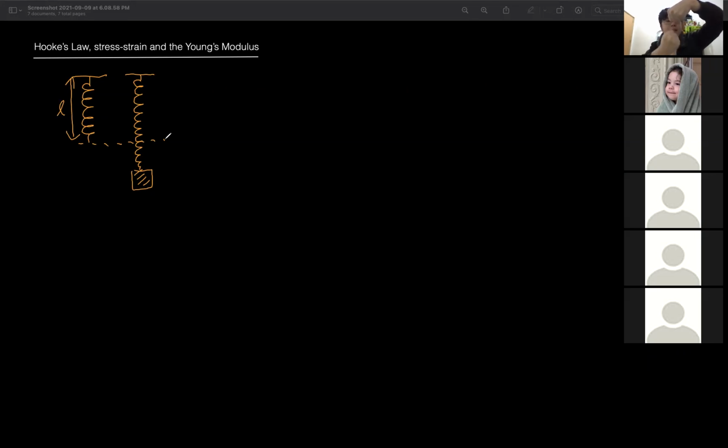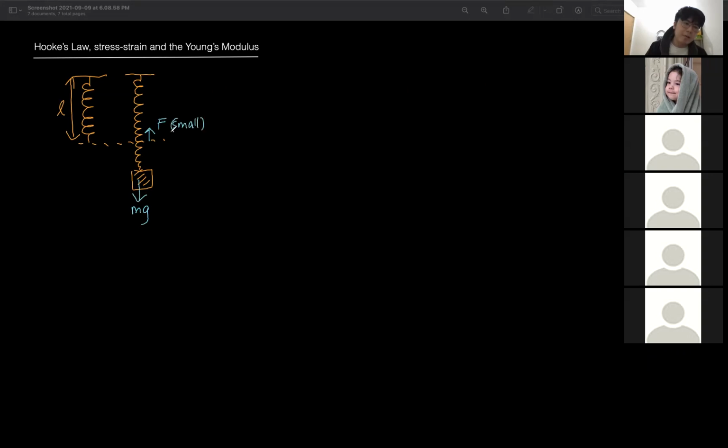So that trying is what gives rise to the restoring force. Immediately when you stretch it, the restoring force is developed here. So there is a force upward and your load is mg downward, but this force is very, very small at first.